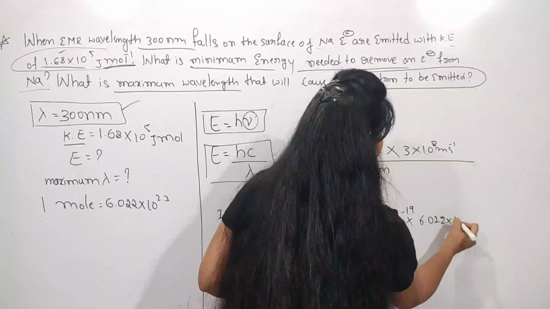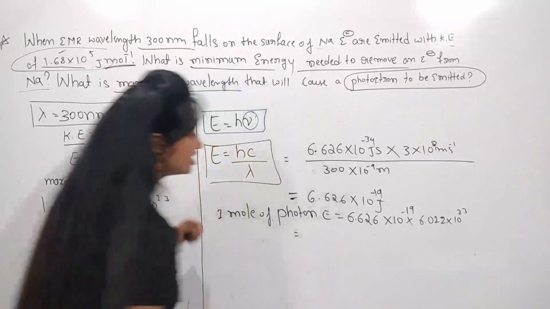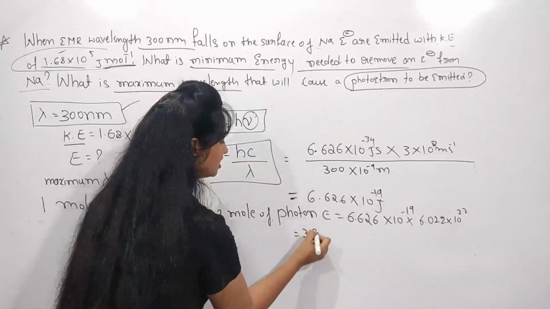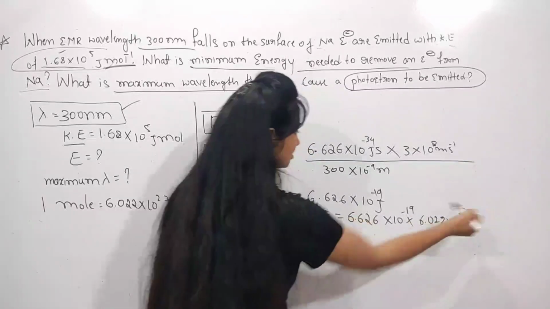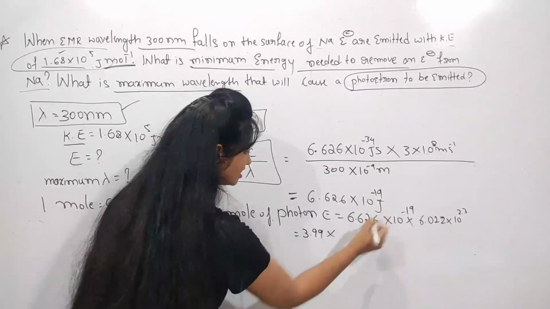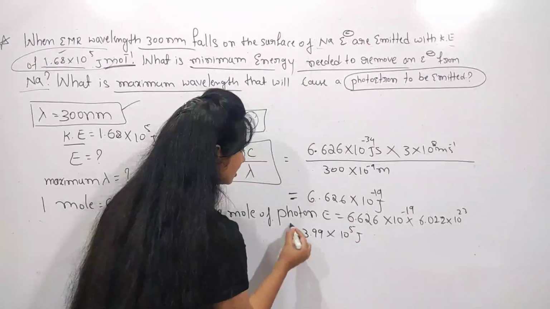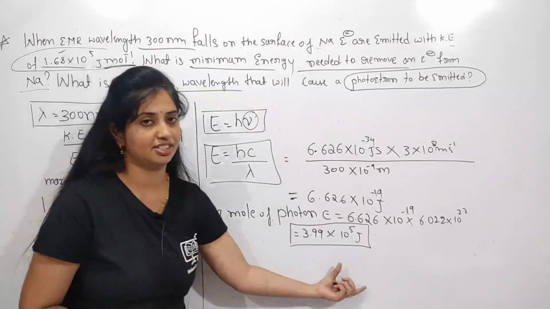Then what will be the answer we get here? 6.626 into 6.022 is equal to 3.99, 10 raised to minus 19 and 10 raised to 23. Then the answer is 10 raised to 5 joules. So this is the total energy of 1 mole of photons.